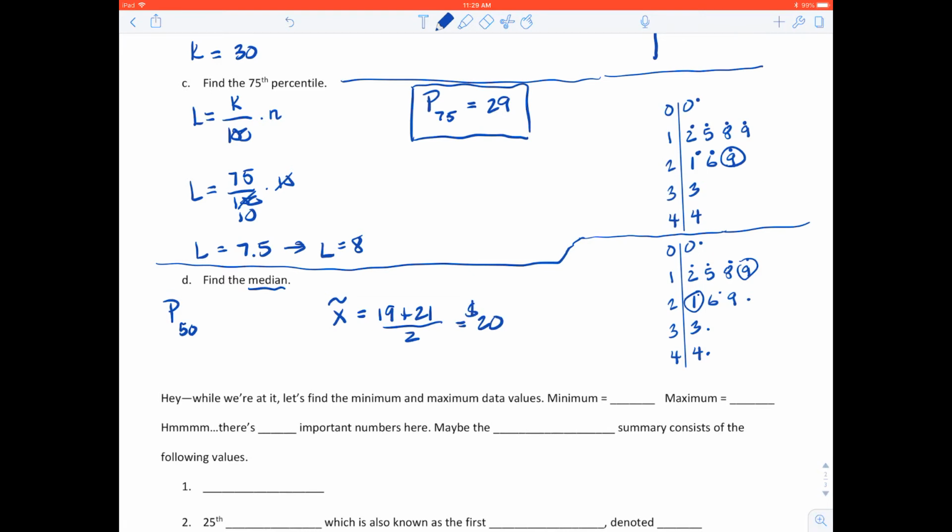And again, if you did it the other way, I think what would happen is you might end up going up to the 21. But we'll just stick with this one right now. Okay.